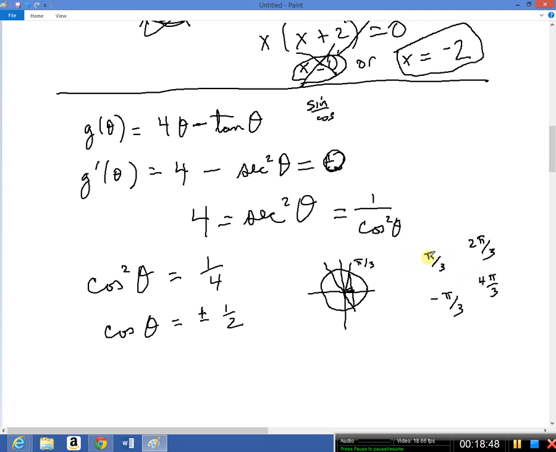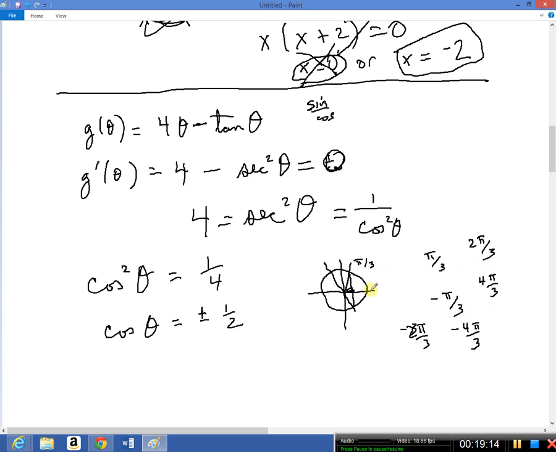So it looks like pi over 3, 2 pi over 3, 4 pi over 3, 5 pi over 3. So there's just an awful lot of these. Minus 2 pi over 3, minus 4 pi over 3, and so on.